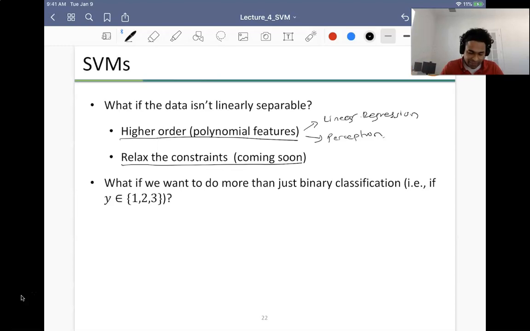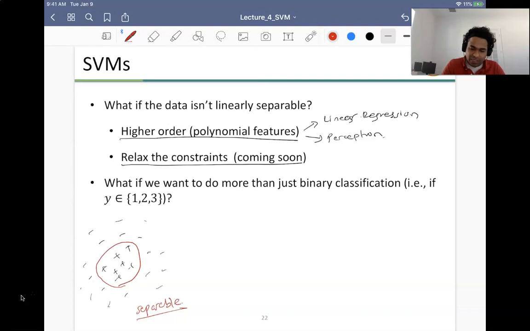For example, if my data lies something like this, where these are my plus classes and these are all my negative classes, and my separating hyperplane is a circle, then this data is separable, but it's not linearly separable. But the relaxation of constraints really makes sense if the data is inherently not separable.